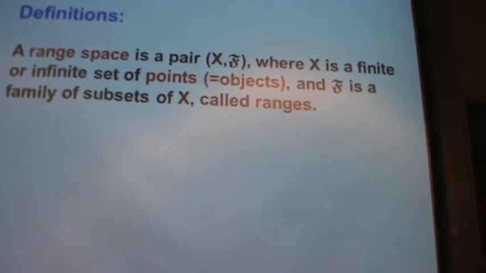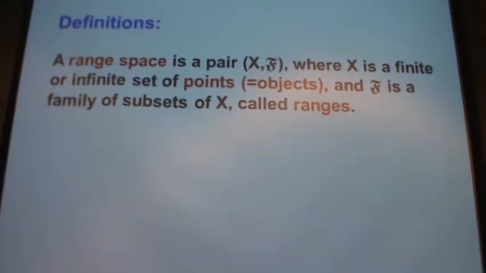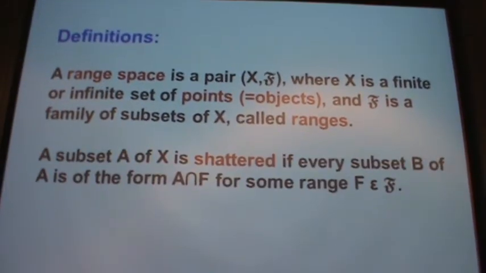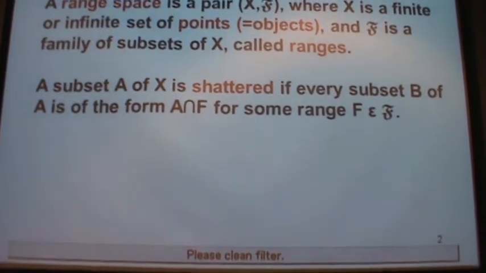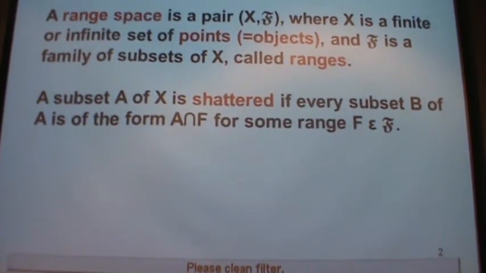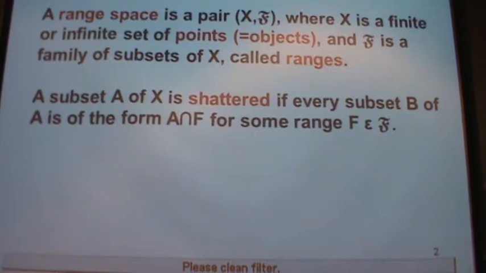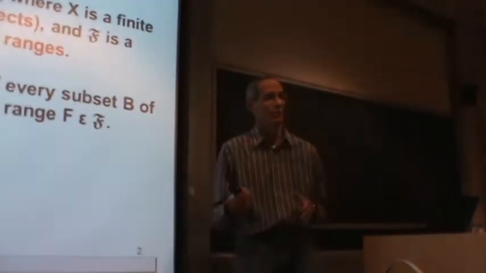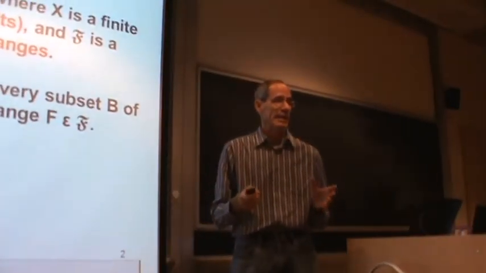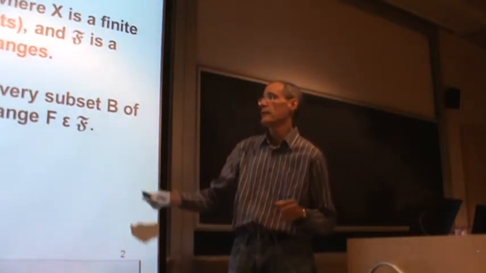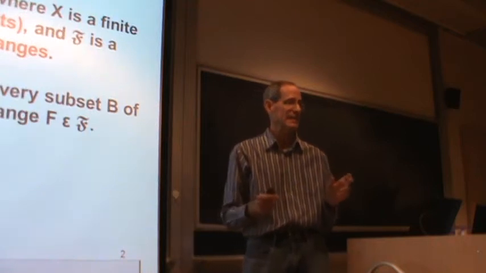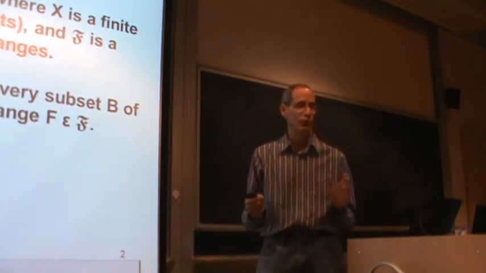Think about the hypergraph terminology. And an important notion is to say when a subset of the set of points is what is called shattered. So a subset A of X is shattered if for every subset of it, B, you can get B exactly as the intersection of A with one of your ranges.